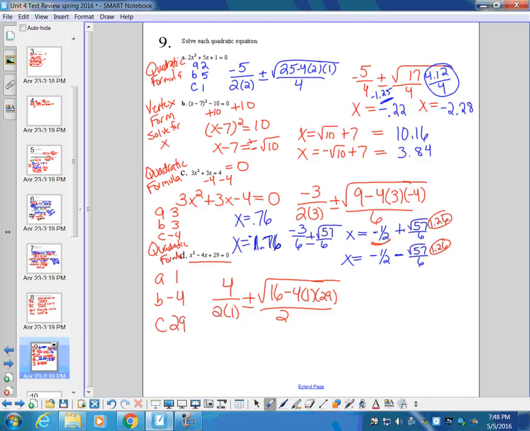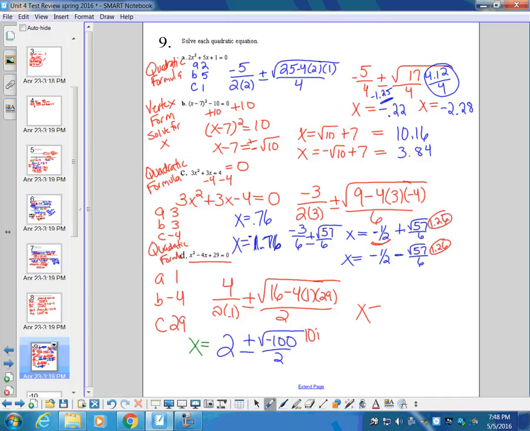Okay, so you've got 4 over 2, so let's just go ahead and make that 2 plus or minus the square root of negative 100 over 2. Now, this is what x equals. So, what do we break negative 100? It used to be non-real, but we know we can make it pop out the i, so it becomes 10i, because the square root of 100 is 10, and the negative went out with the i.